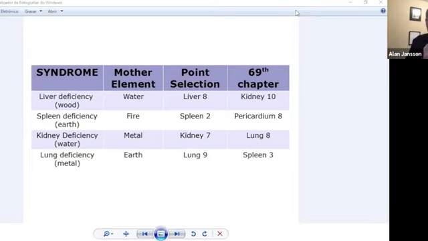That would be the metal point on the metal meridian, or lung 8, and we would use that in conjunction with, and again I'll explain how we will use it at another time, the metal point on the water meridian, or the kidney meridian, which is kidney 7.